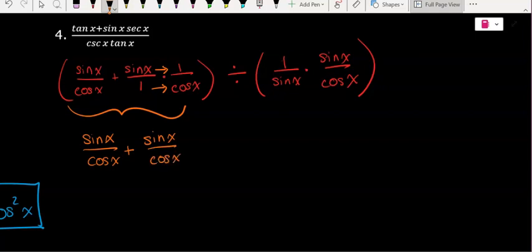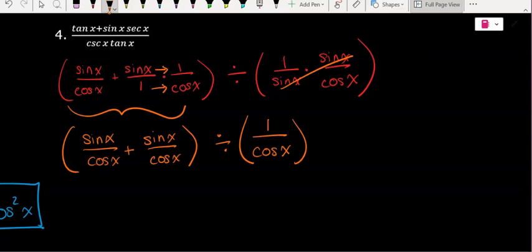Well, that helps things out a little bit. And then if I look at just this denominator over here, I have 1 over cosine times sine over cosine. I should see that these sines are going to cancel out, and that's just going to leave me with 1 over cosine as my denominator.